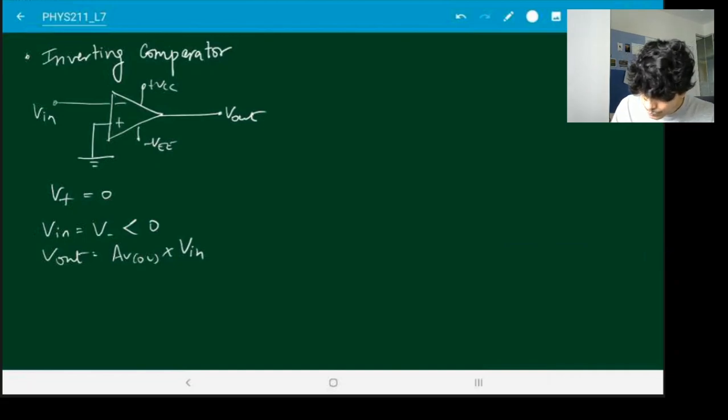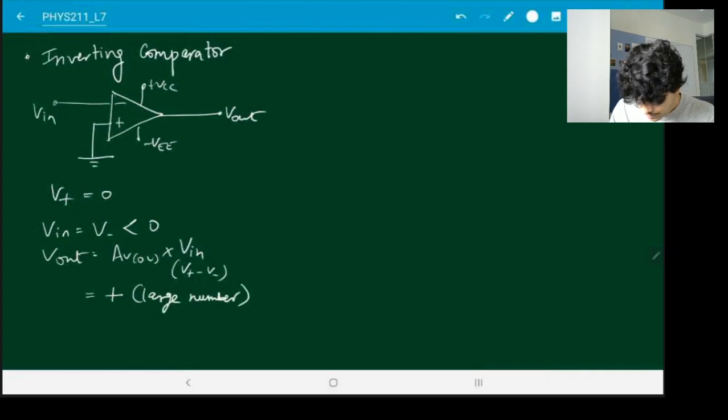The differential input is positive because it is V plus minus V minus, so this is plus some large number. It just goes to plus VSAT.